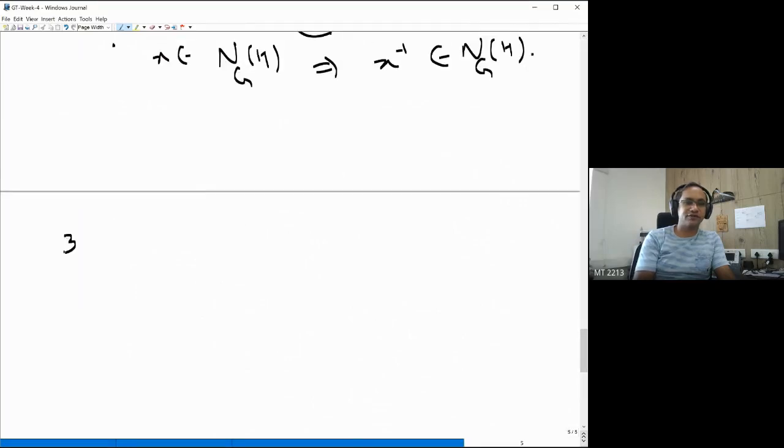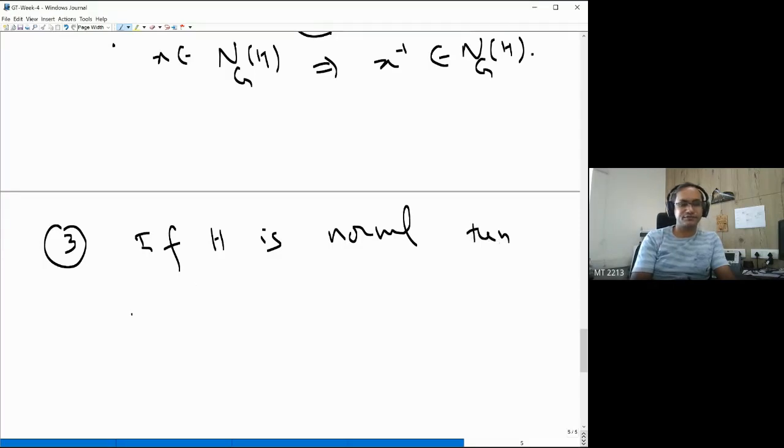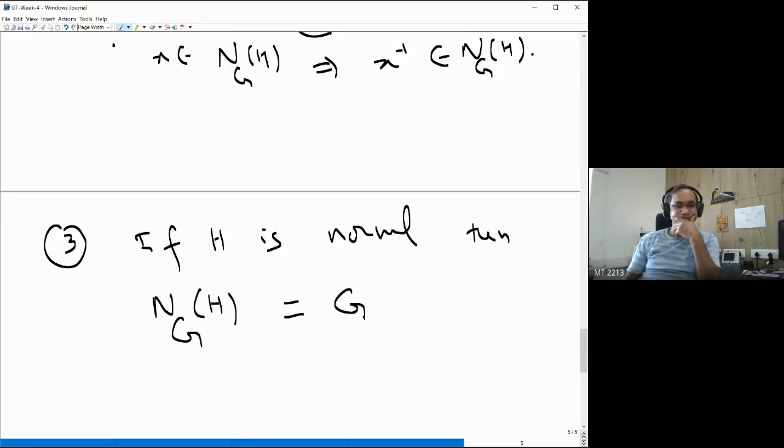If H is normal, then it turns out that the normalizer of H in G is equal to G, right? Do you remember the definition of a normal subgroup? That for any g in G, g H g inverse is contained in H. So that is why it will turn out to be equal.